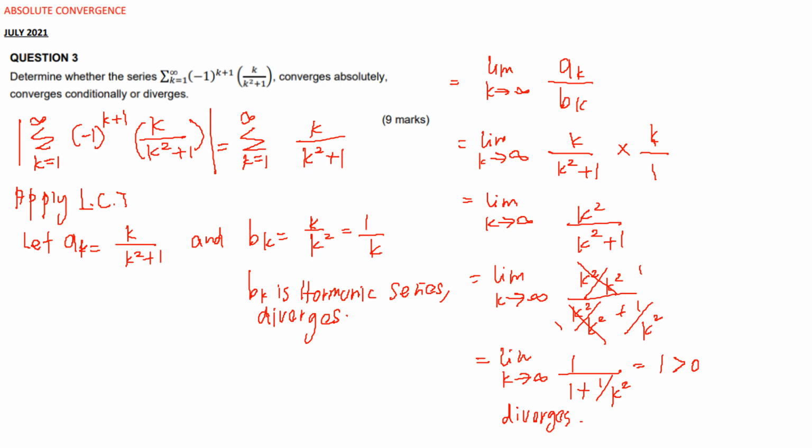Since it diverges by the limit comparison test, what you need to do is apply the AST, alternating series test, to test for conditional convergence. To apply it, let a_k equal k over k squared plus 1, and we have two conditions. The first one, we check the limit first.